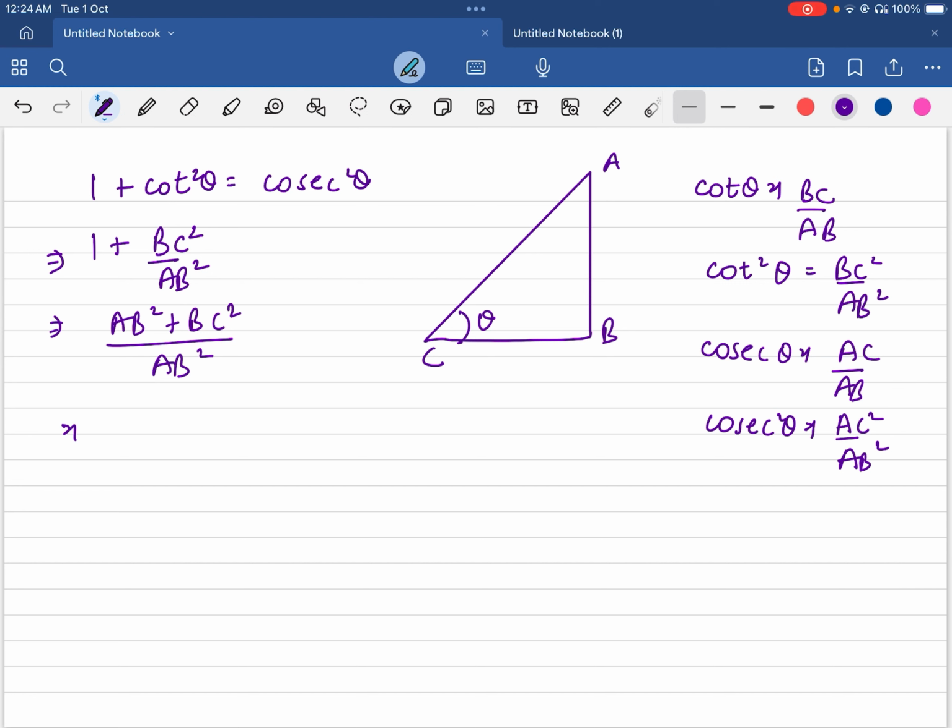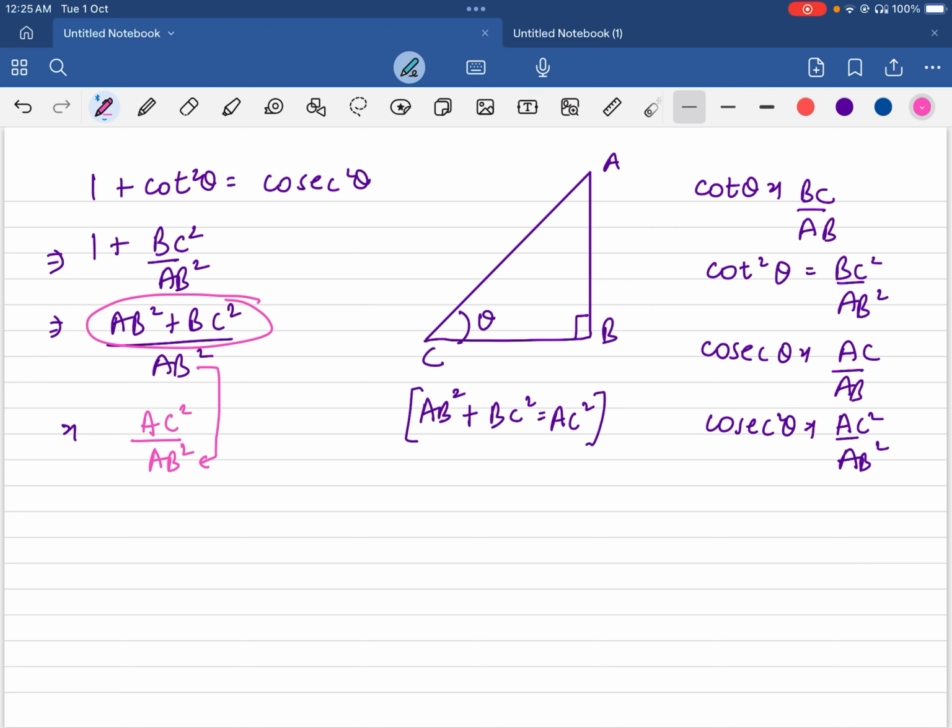You should know the fact over here that this is also a right angle triangle, and with the Pythagoras theorem we can say AB square plus BC square is equal to AC square, right? It is by the Pythagoras theorem. Hence, AB square plus BC square upon AB square is going to be AC square upon AB square, which is already here.